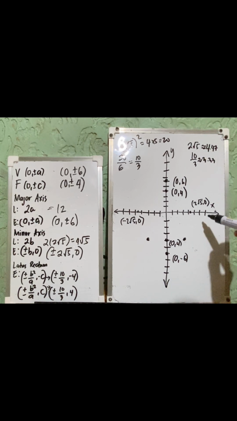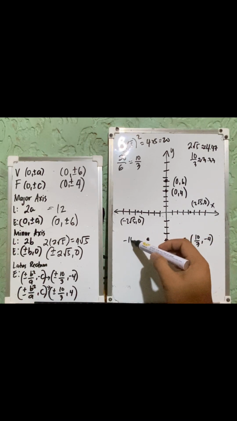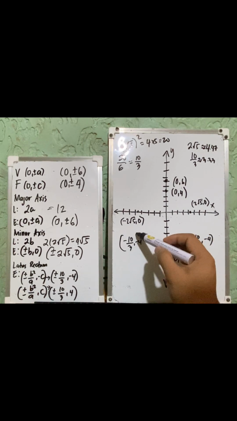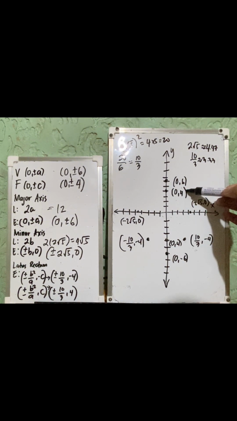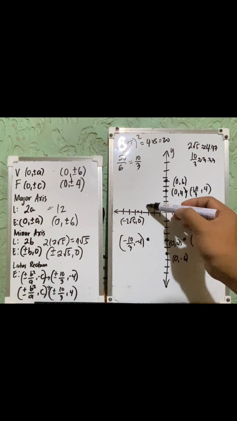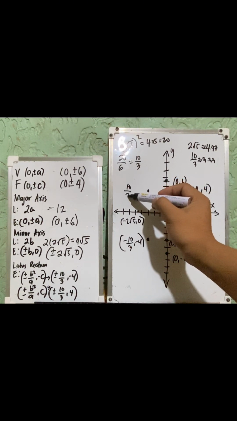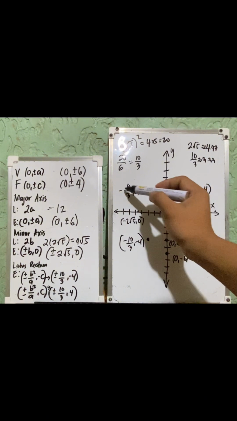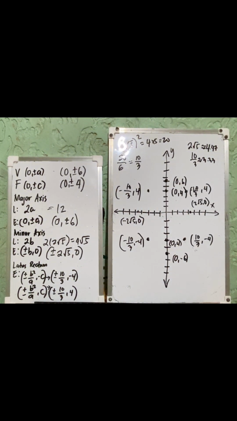And here is 10 over 3, negative 4. This is negative 10 over 3, negative 4. And here is 10 over 3, positive 4, while here is negative 10 over 3, positive 4. So those are the coordinates of the latus rectum.